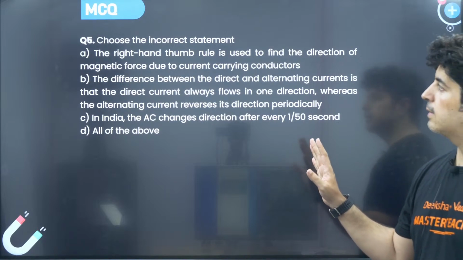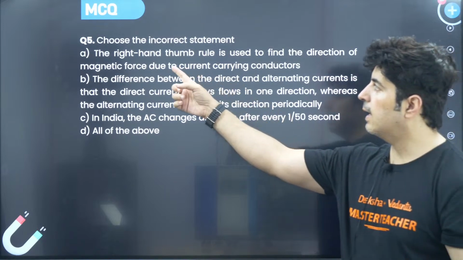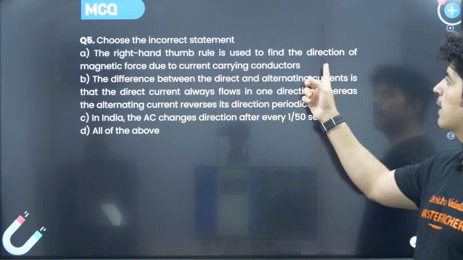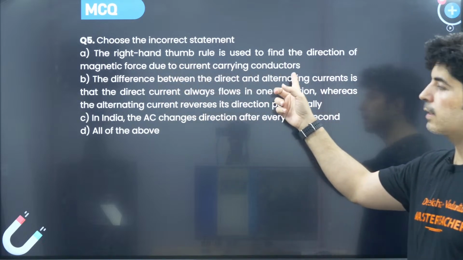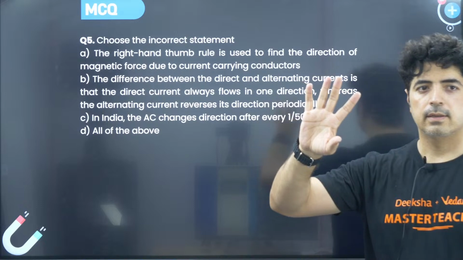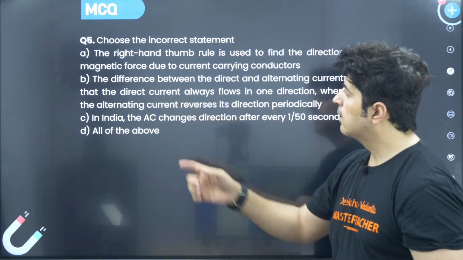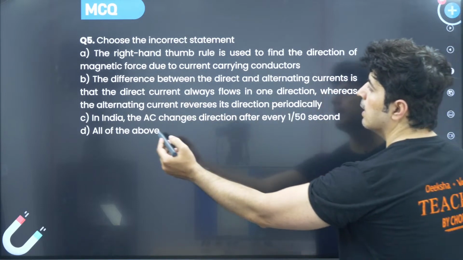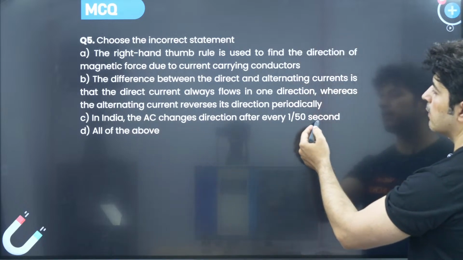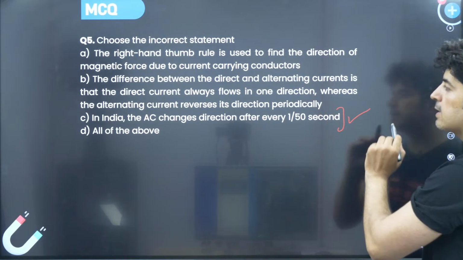Option A says the right hand thumb rule is used to find the direction of magnetic force due to a current carrying conductor. Okay. Now this statement: in India the AC changes direction after every 150 seconds, this is true, this is absolutely right.